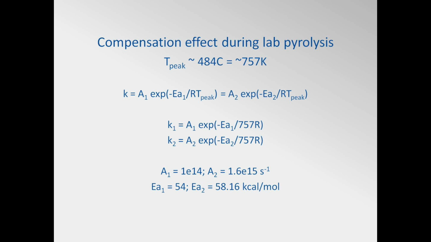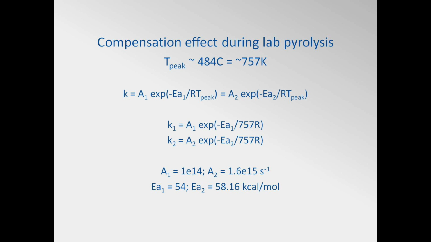If we first look at the compensation effect during lab pyrolysis, which is where we get the data that we will use to give us our kinetics, the actual temperature at the peak of pyrolysis is probably around 484 degrees Celsius, which is 757 degrees Kelvin, which is the number that is used in the equation.